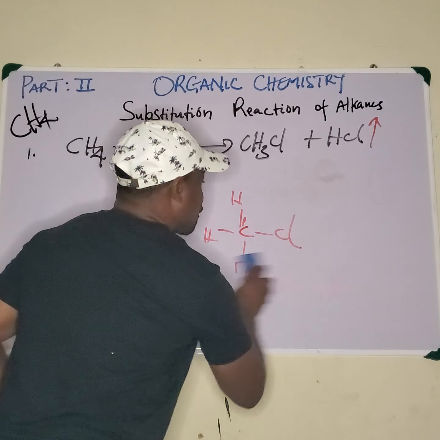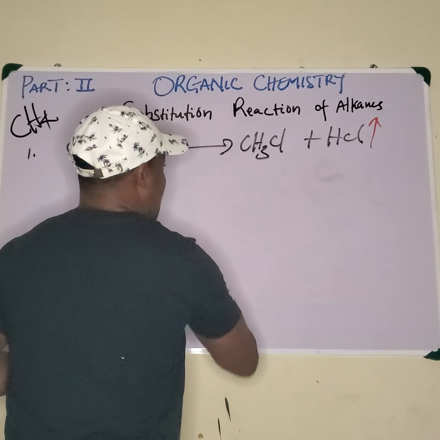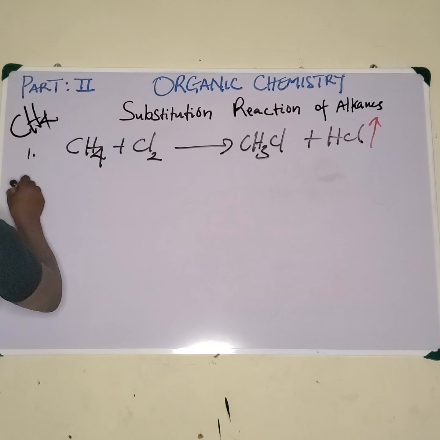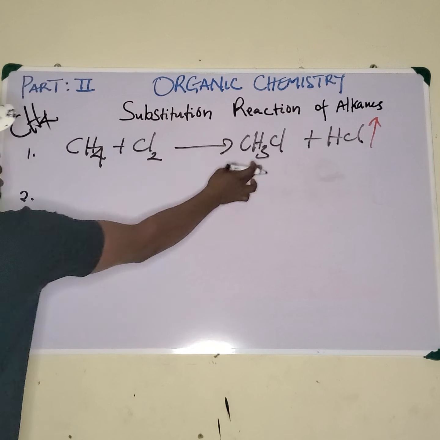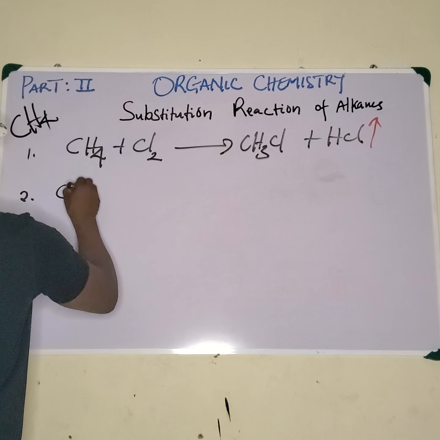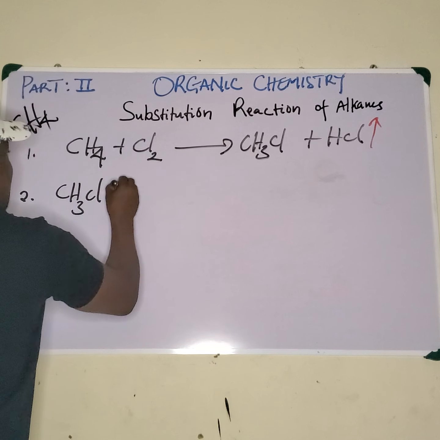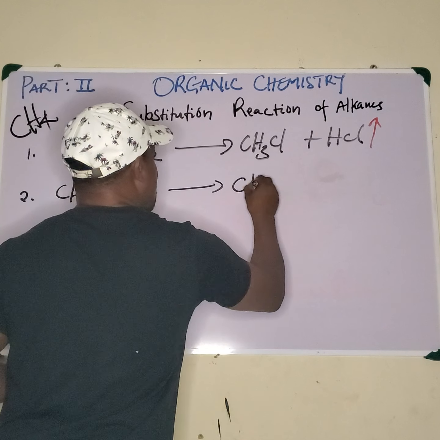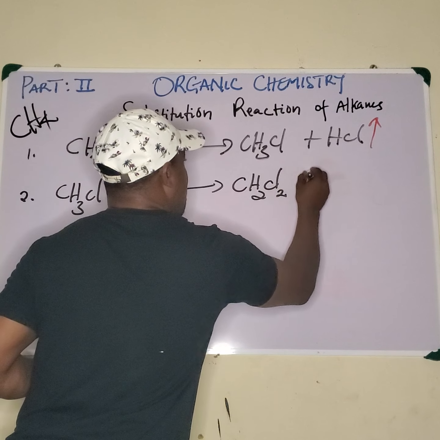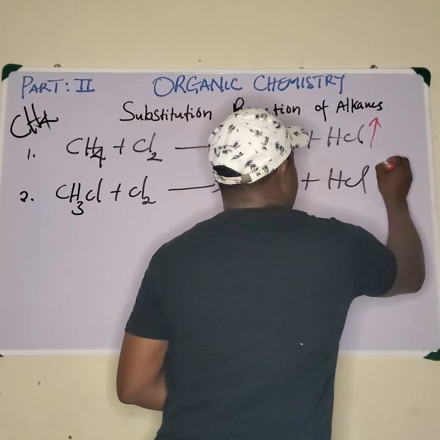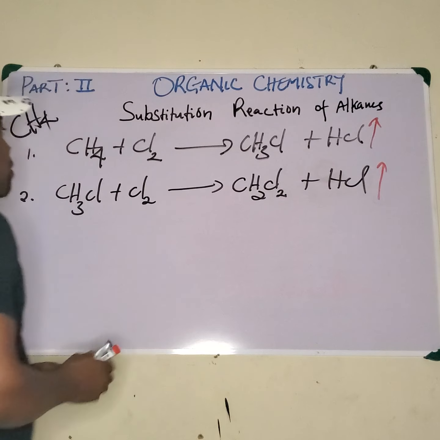If you subject this chloromethane to another reaction with chlorine, which is the second stage, look at what will happen. Chloromethane reacting with chlorine will give us CH2Cl2, and HCl will also be liberated.